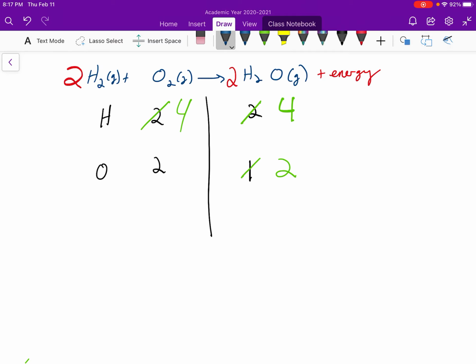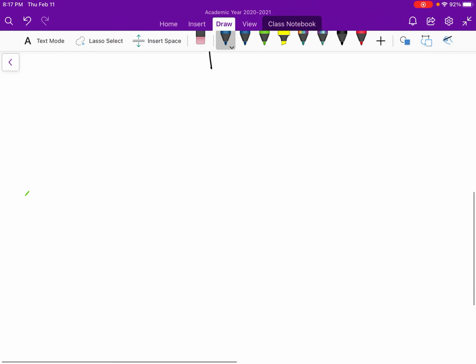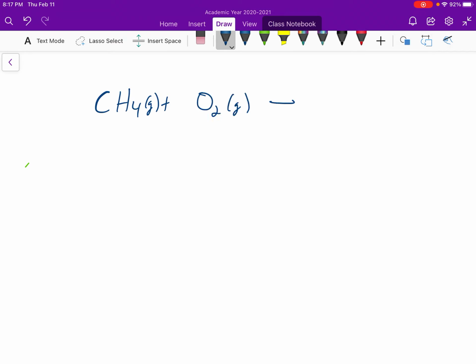So let's try another one. Methane, which is a gas, reacts with oxygen gas to give me CO2 and water as a gas.